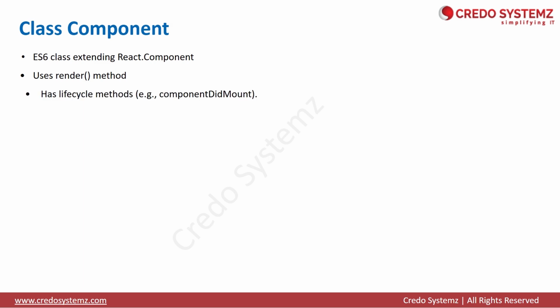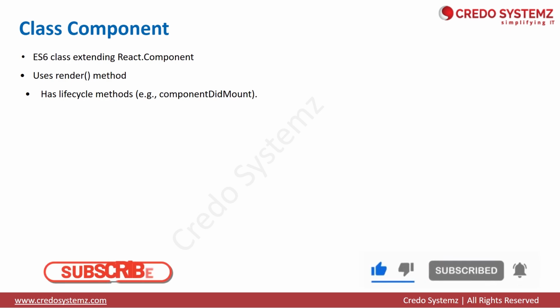We know function components have various hook methods, for example useEffect and useState. Likewise, class components have lifecycle methods. Those lifecycle methods tell what I should do when the class component loads, what I should do once the component load completes, and what I should do when the component's work is done and I want to remove it. That's nothing but the lifecycle.